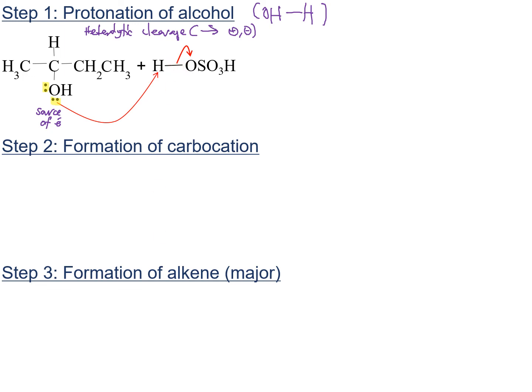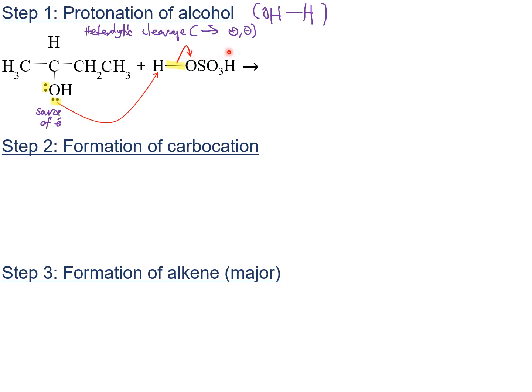As usual, the beginning of the arrow must start from the source of electron, because this bond is a source of electrons, and it goes towards the one it wants to break the bond with, which is this oxygen. This oxygen doesn't need a lone pair shown, because it is breaking the bond. This one is different, because it wants to take. So the start of the arrow must start from the source of electron, so you must show the lone pair. This one is fine, if you want to show it there's no problem. So now it has snatched this hydrogen from the acid catalyst OSO3H.